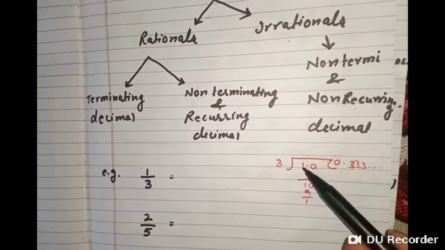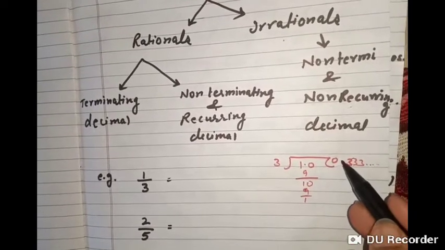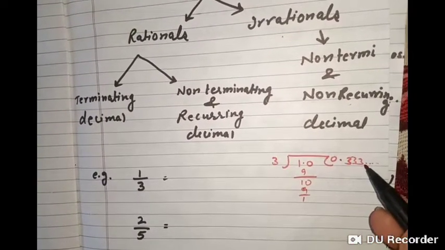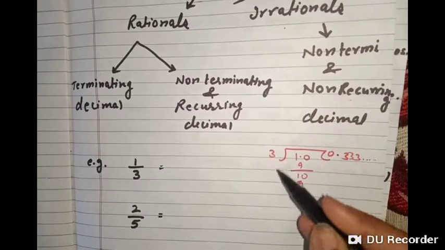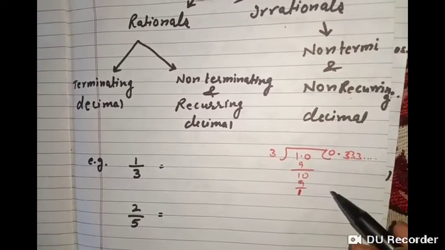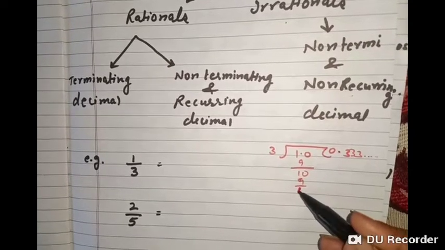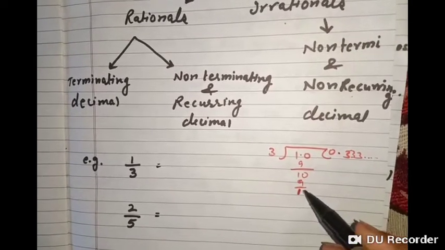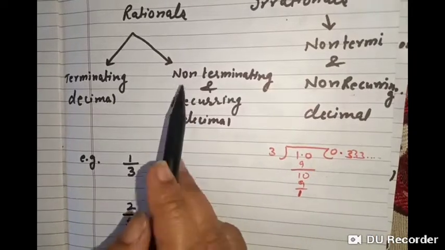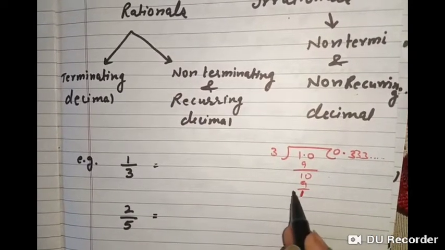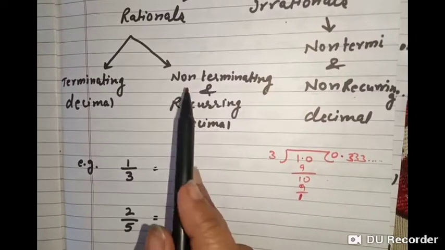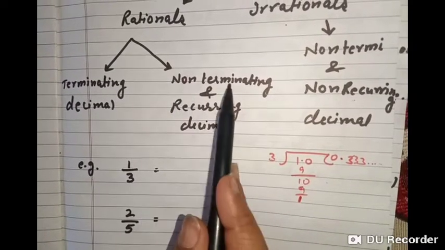When I divide 1 by 3, again and again I am getting 3, 3, 3 in the quotient and 1 as the remainder. It means it goes on. It does not end, which means it is non-terminating. If we are not getting remainder 0, the number is non-terminating.